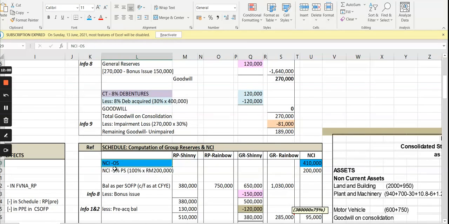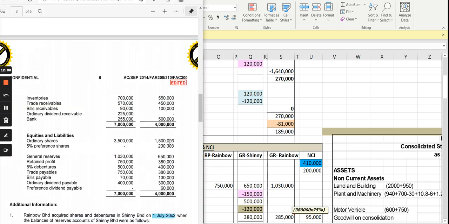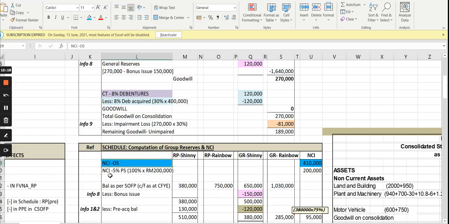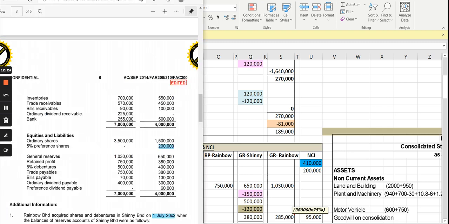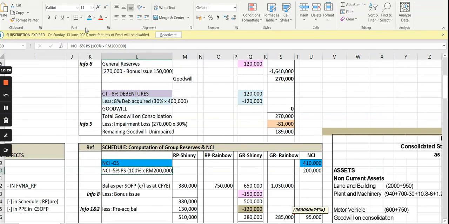The next one is a non-controlling interest for the shares that you do not acquire. So for the shares that you do not acquire, that was the preference shares, all 200,000 belongs to the non-controlling shareholder. So therefore, this figure, which is the non-controlling interest, comes from 100% times 200,000 to 200,000.